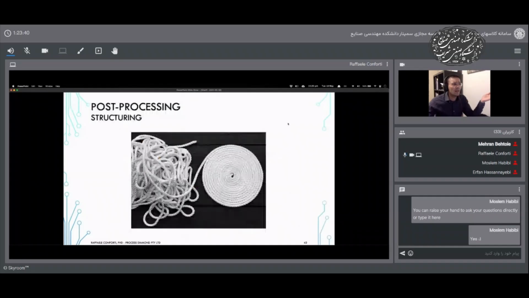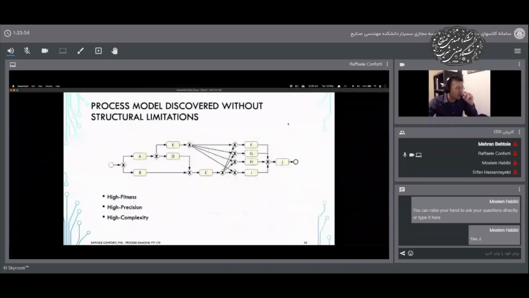Last bit, and then we're done, for potential techniques on how to improve your process models when you do applied discovery. It's what we call structuring. When we consider process models, the existing process discovery techniques are of 2 varieties.